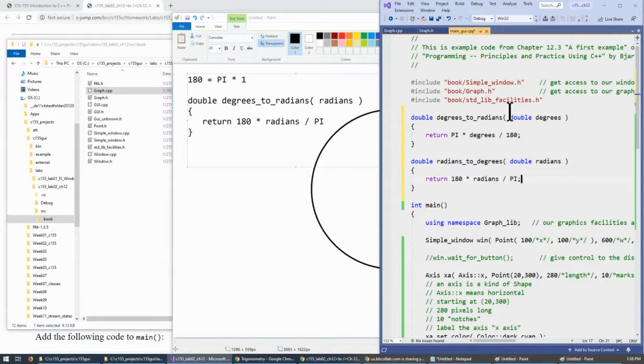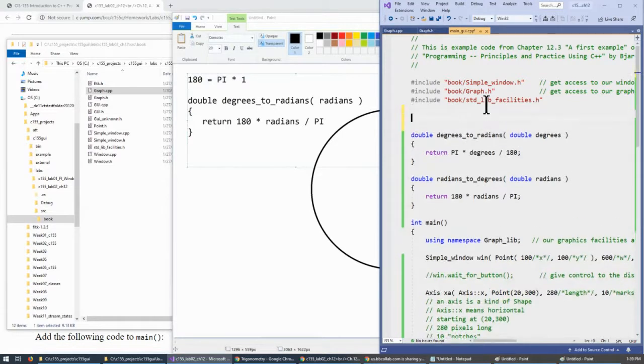So 1 radian is about 57 degrees. Okay, so now that we have this, hopefully if this works properly, let's just define pi as a constant.